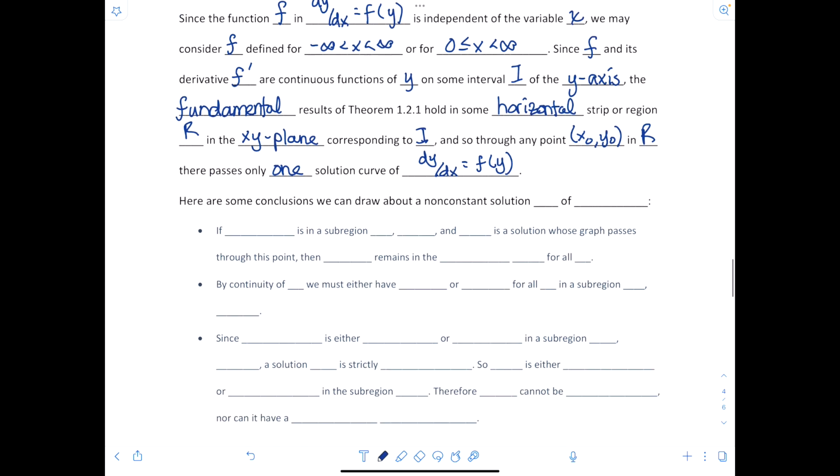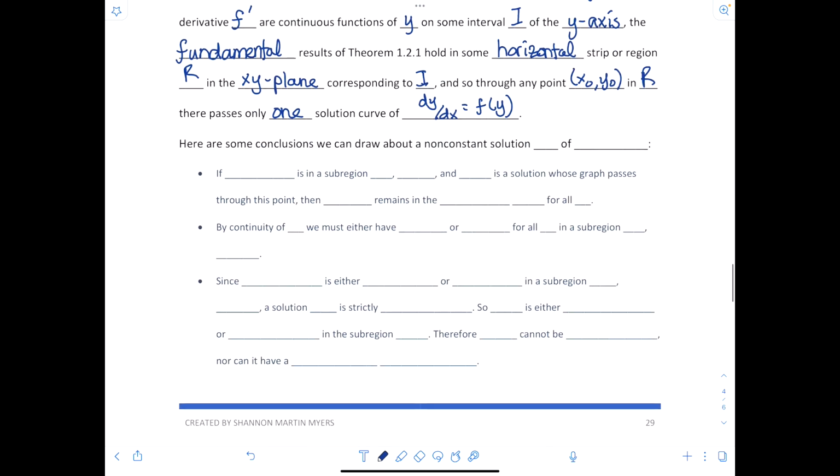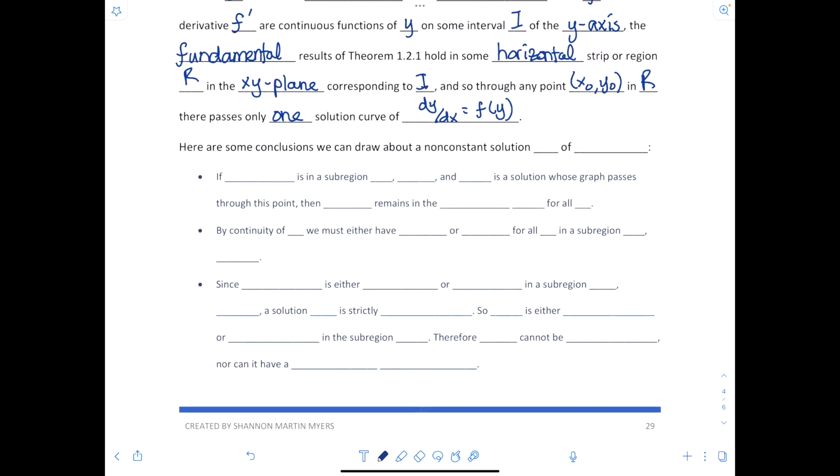Here are some conclusions we can draw about a non-constant solution y of x of dy/dx equal to f of y.